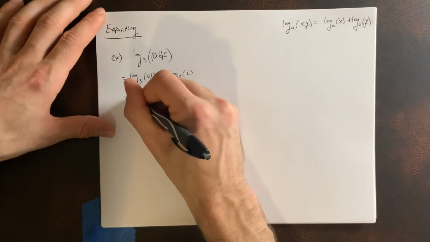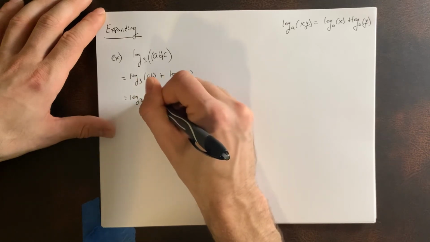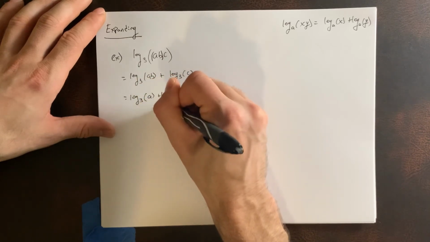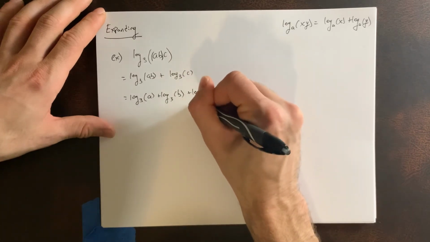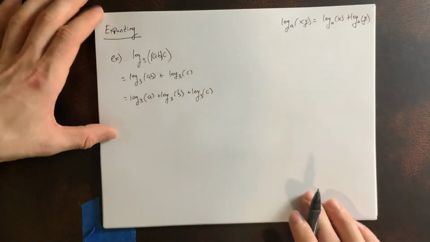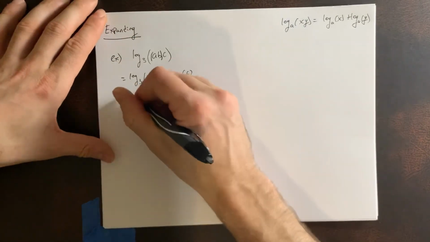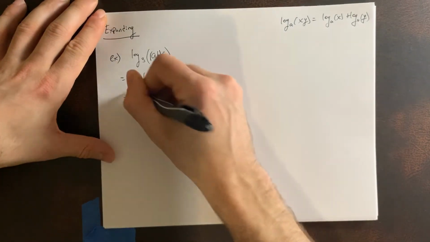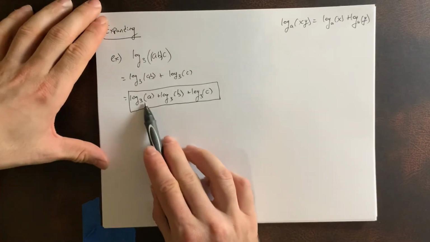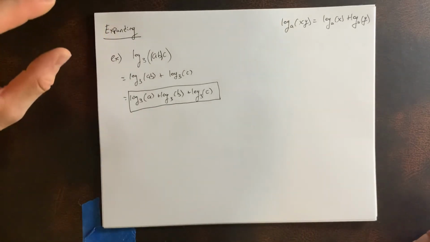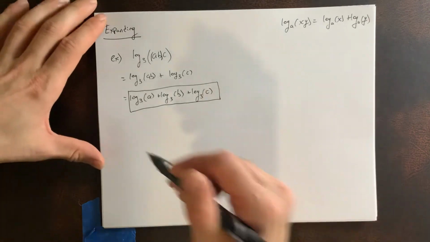So this is going to be log base 3 of a plus log base 3 of b plus log base 3 of c. And now we're done here. There's nothing else we can do. This is an example of expanding. So we took one log and we broke it up and wrote it as many different logs, all added up like this.